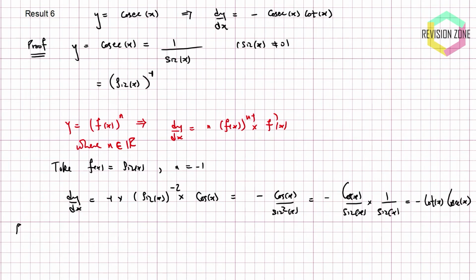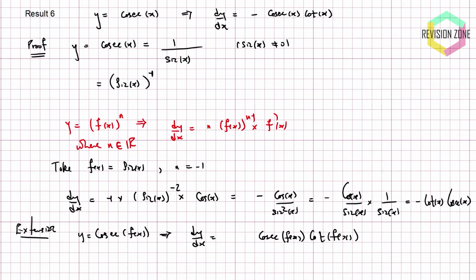Let's again quickly look at the extension. If you had y equals cosec of f of x, then when you differentiate it, you should get minus cosec f of x cot f of x, and then you should have an f prime at the front.